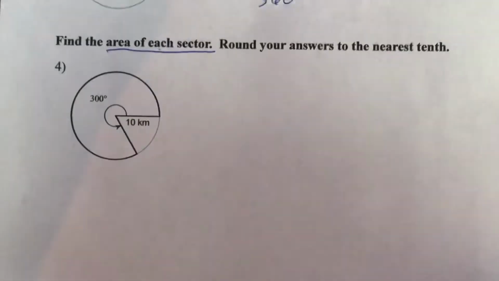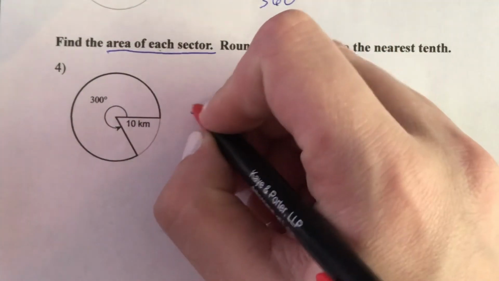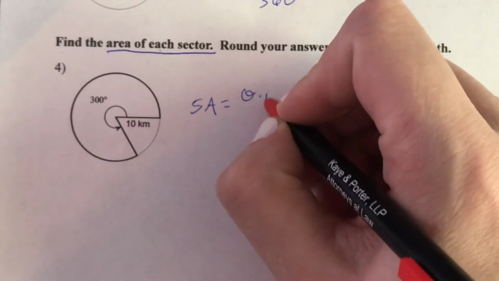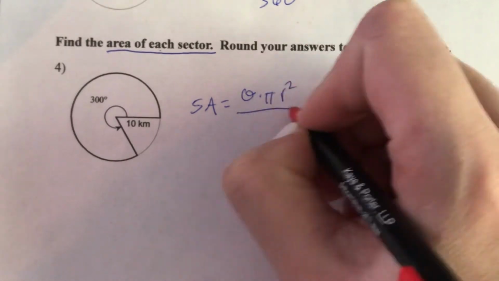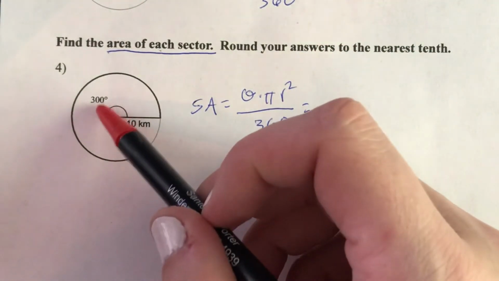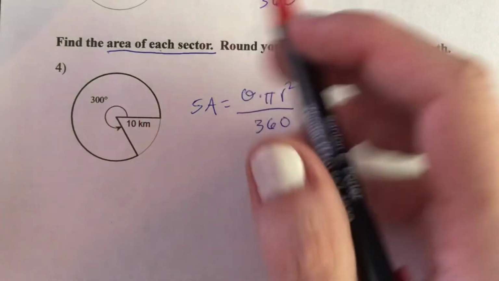All right, so sector area, my formula is theta, which is my angle, times pi times r squared divided by 360. And so again, the angle that I'm given, because we're trying to find this big piece right here, is 300.